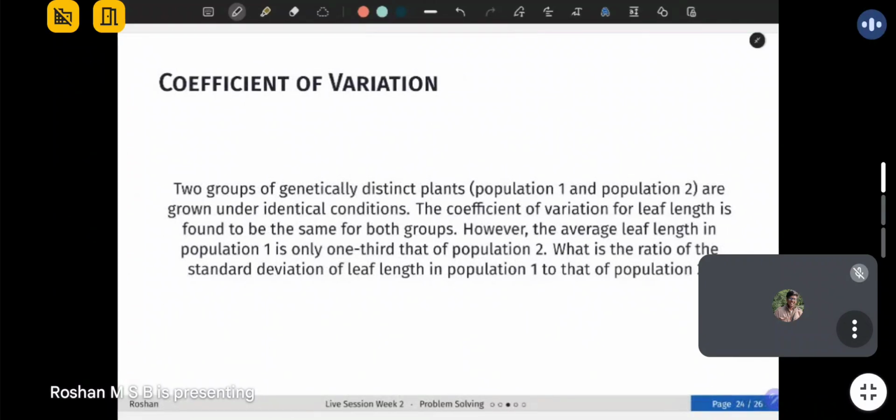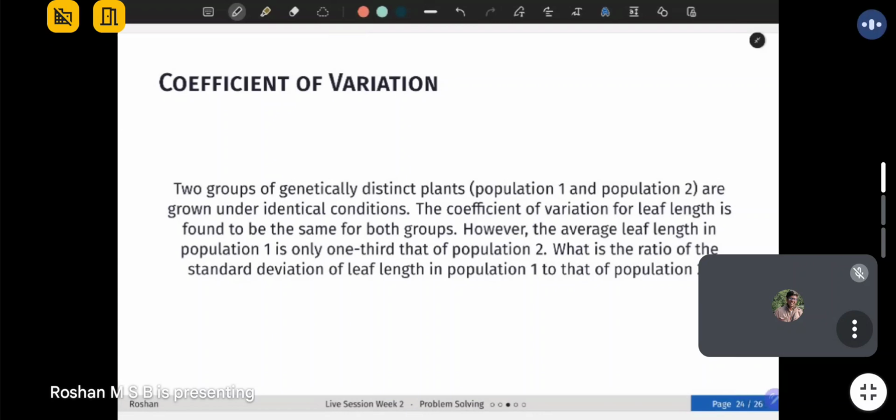This deals with the coefficient of variation. There are two groups of genetically distinct plants taken from two different populations. They are grown under identical conditions, and the coefficient of variation for the length of the leaf is found to be the same.